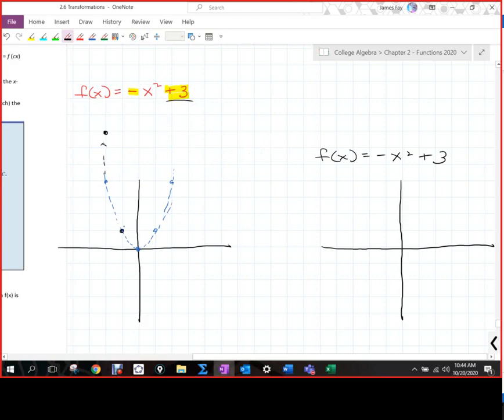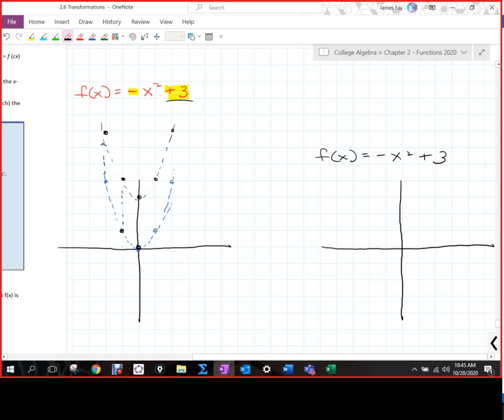This y value here is going to go up to right there. This y value there is going to go, oh, can't count. It's going to go there. This one here, there, and that one there, right? Okay. So that was one. So right now, I would have x squared plus 3 being those black dots, right?